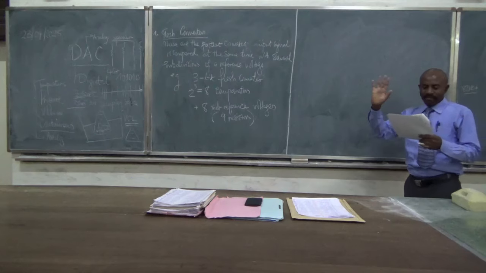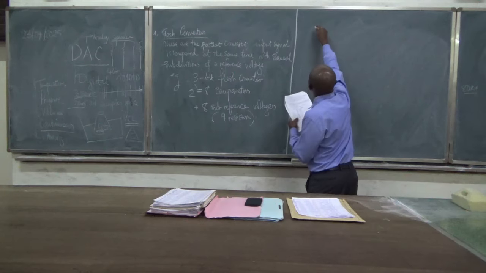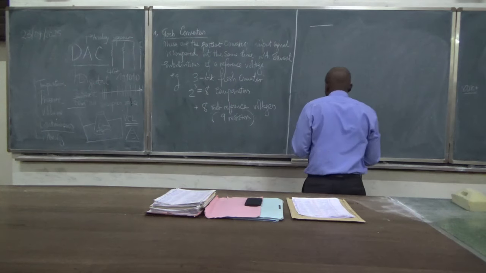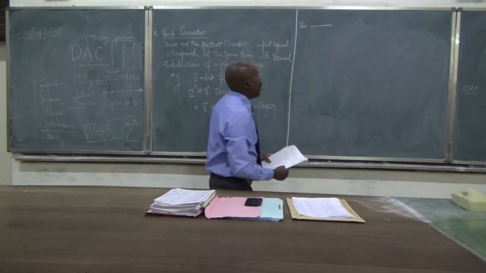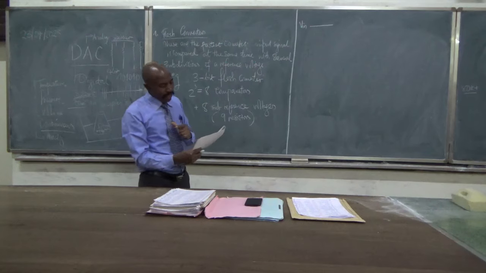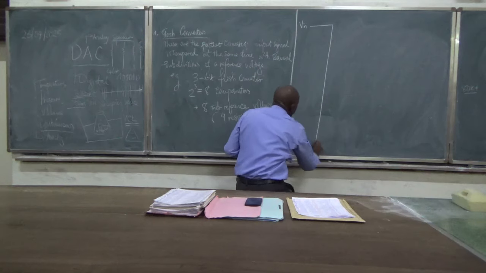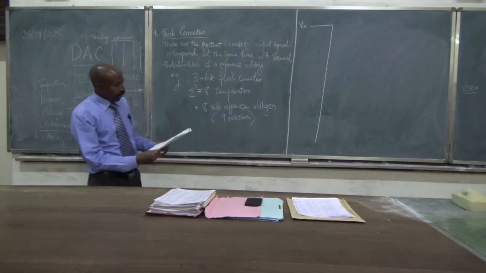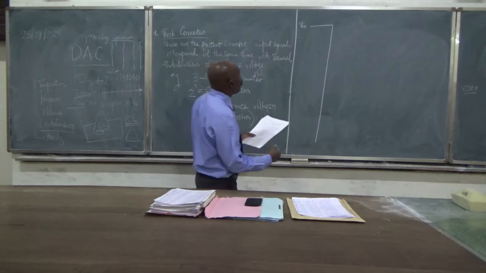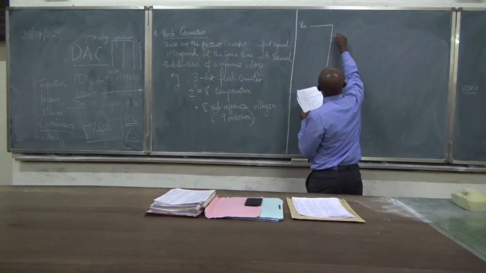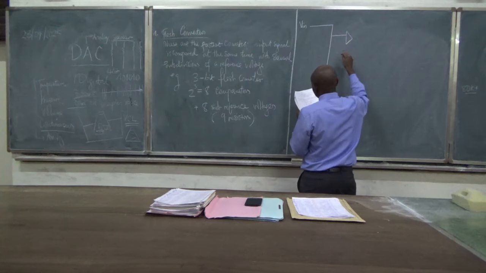I need enough space. So I will have the input, and then under this, on this input, I will now pick out to the comparators. I will start with the first comparator. Comparators are op-amps.